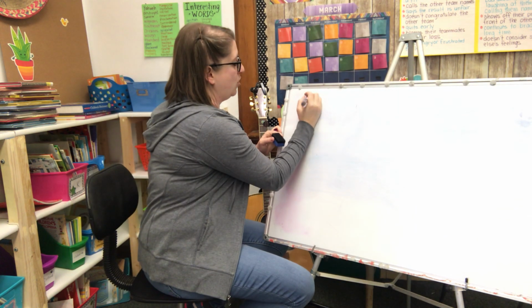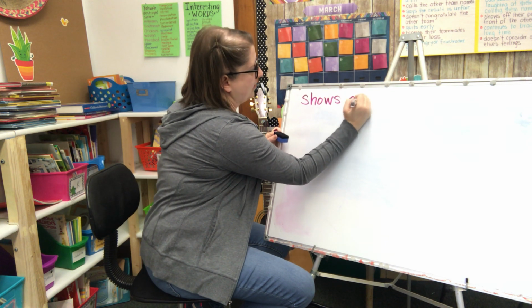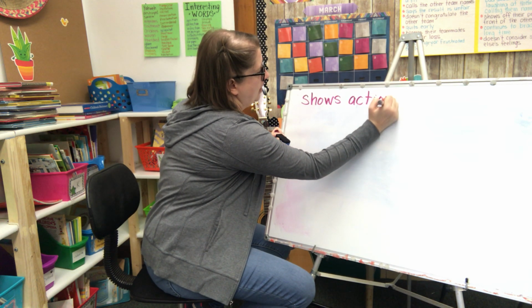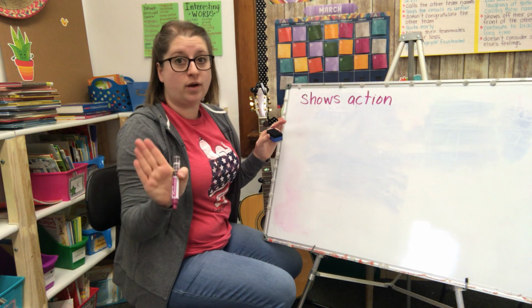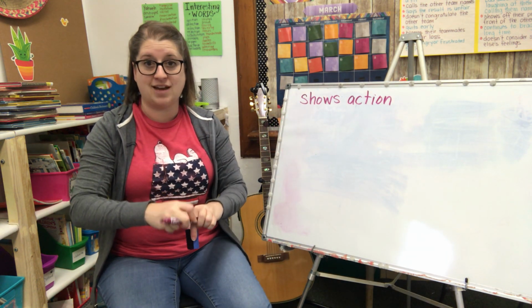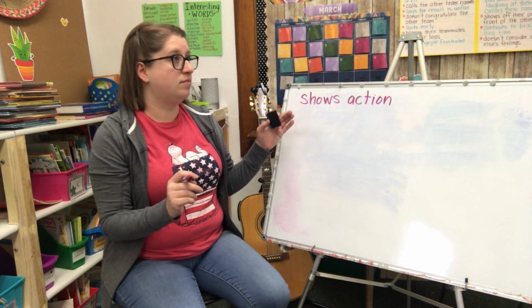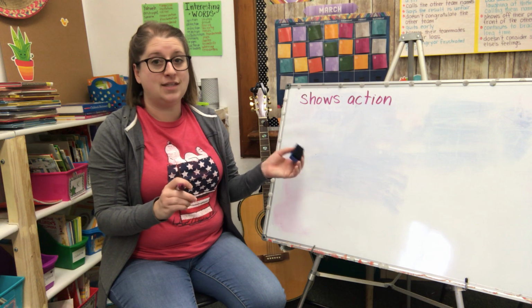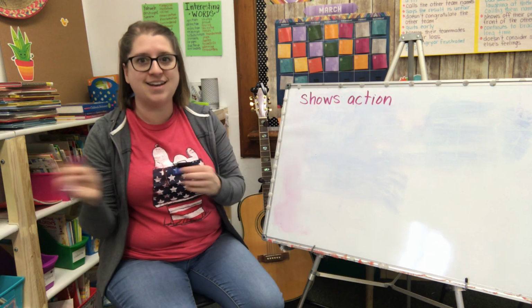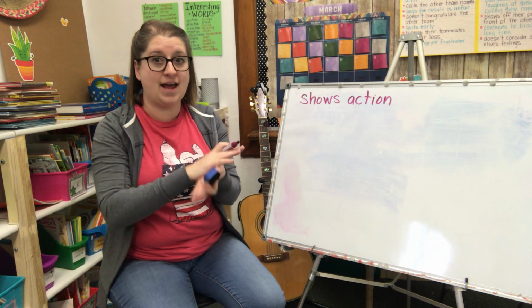A verb shows action. On your paper, it explains it really well on the paw print at the top, so make sure you read through that really carefully, and maybe mom or dad can help you read through that to understand the concept. But a past tense verb means that it happened in the past. It happened earlier. So it's not happening right now.